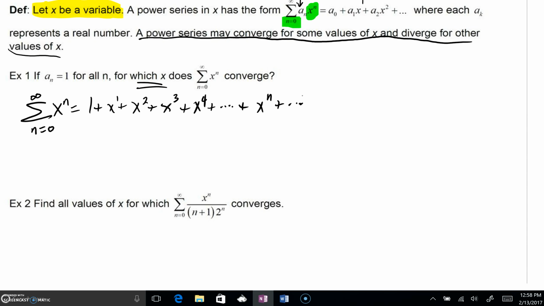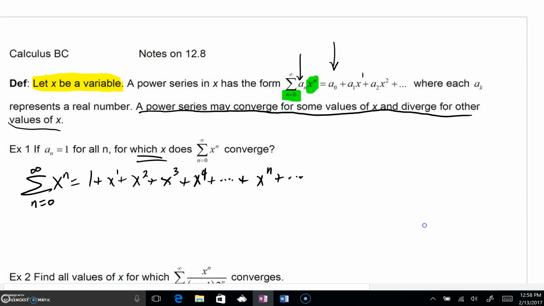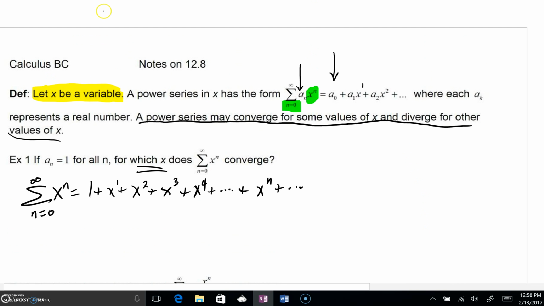And the big question is, when does this converge? Now, I do want to bring this up. Believe it or not, you've seen this before. I'm going to write up above, and I'm going to change my variable just ever so slightly.